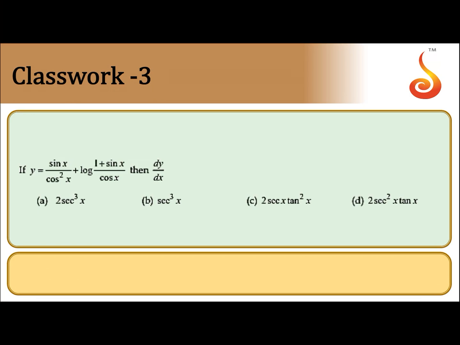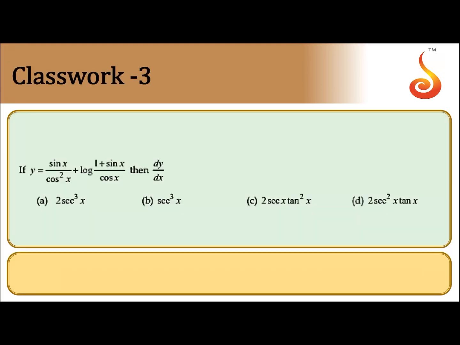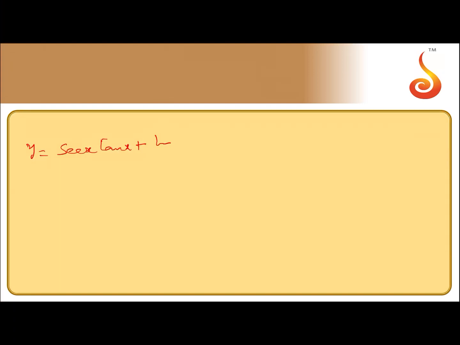y is equal to sine by cos square x. The answer is in terms of secant and tan, so why don't you convert in terms of tan? Sine by cos is tan into secant. y is equal to secant x multiplied by tan x plus 1 plus sin x by cos x, logarithm of secant x plus tan x.